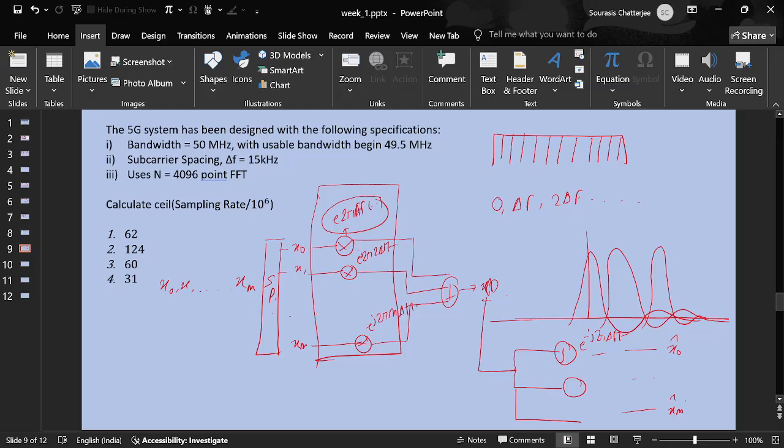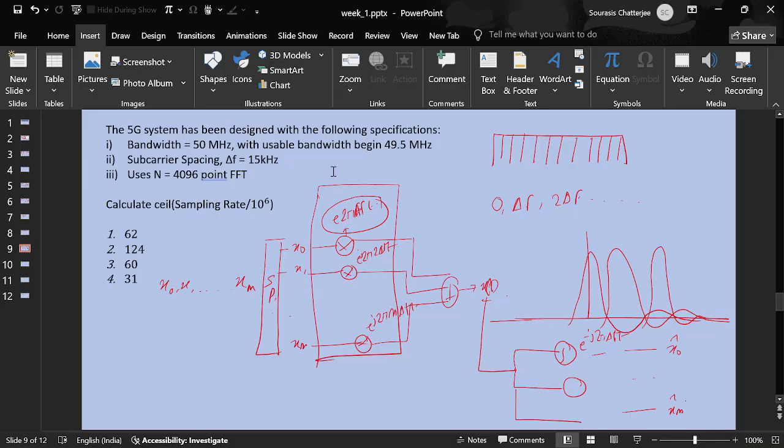Then we will remove the CP. Okay, then you remove the CP. Then we will take the FFT, the inverse of that. True, you'll move from time to frequency domain and you will recover your symbols.